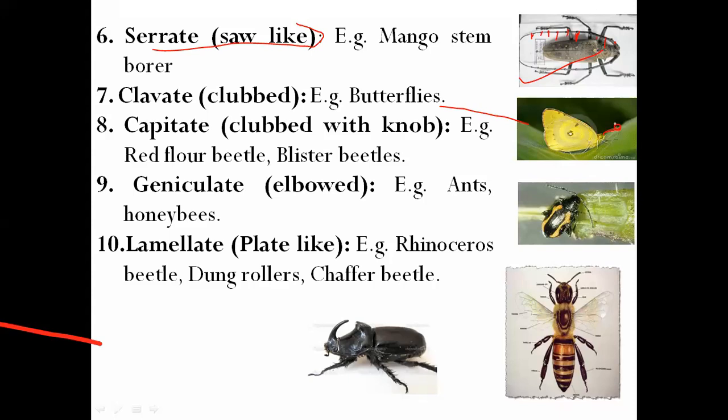Okay, understood? This is clavate. Now capitate. Everyone knows a cap, and on a cap there is one knob, isn't it?